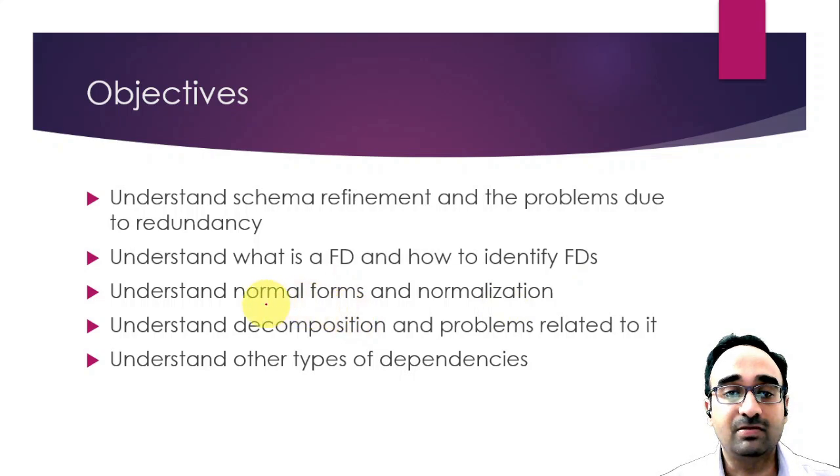Then you should understand what is a normal form and the different normal forms that are there for database design, and finally what is the process of normalization. Next, you should be able to understand what is decomposition and what are the different problems associated with decomposition, and finally we should know about the other types of dependencies that are there. Okay, so these are the objectives.